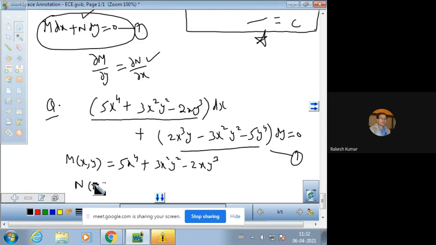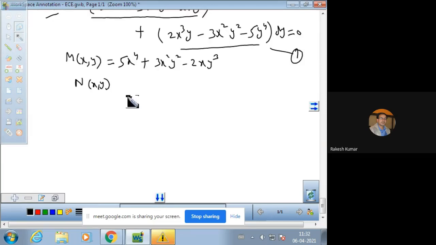So N is a function of x and y, and it can be written as 2x^3y minus 3x^2y^2 minus 5y^4. Now for exactness we need del M by del y.